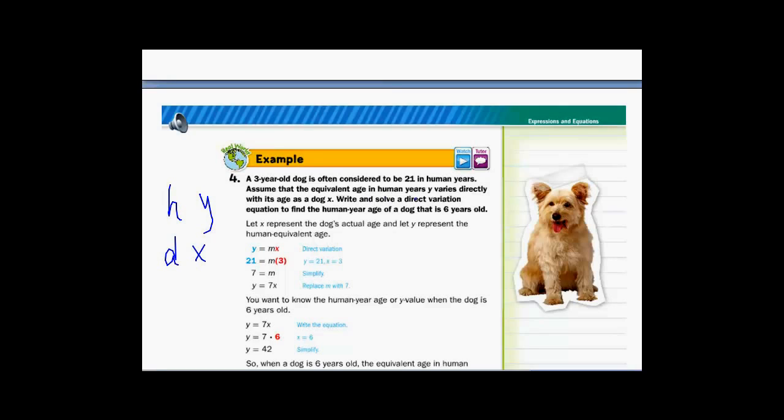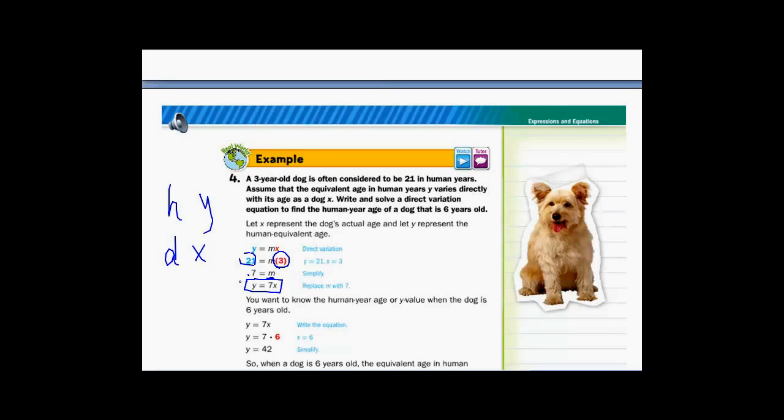Write and solve a direct variation equation for the human year age of a dog that is 6 years old. So we know that human years, 21. Dog years, 3. So if I solve that for m, that's our direct variation constant. That's what we're looking for. You would divide both sides by 3, and so you get m is 7. So our direct variation equation, y equals 7x.